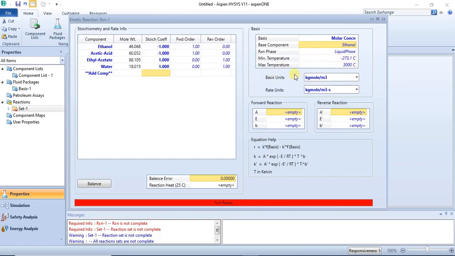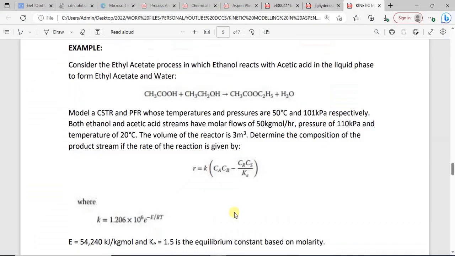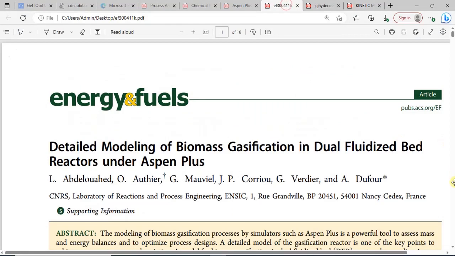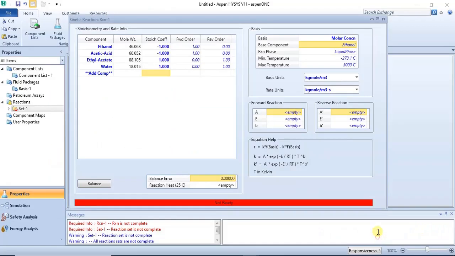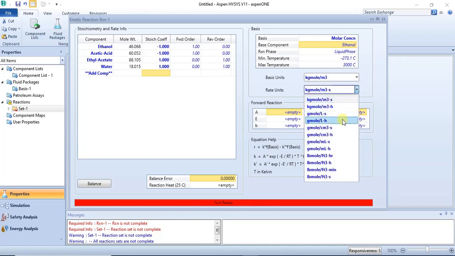Then you have the basis unit and the rate unit. So this one, the rate unit is kg mole per meter cube second, right? This is similar to what we found in that research paper, right? If I'm not mistaken, yeah, this paper, right? So like I said, Hysys is based on reactor volume, right? That is why you have meter cube right here. And all the other units there are associated with volume, as you can see.